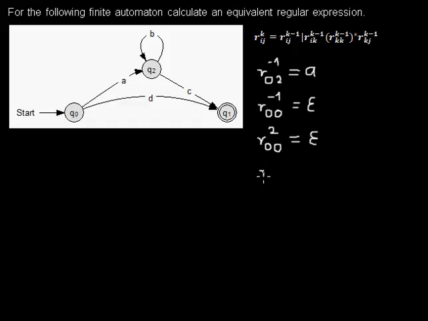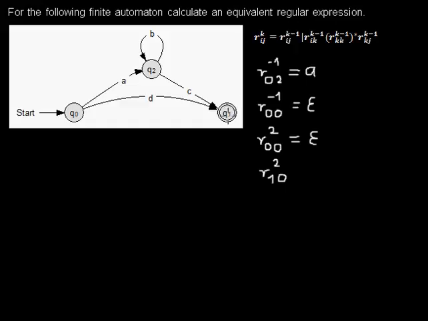Well, what is a regular expression if you are in state 1, Q1, and you want to move to state 0, and you are allowed to pass through any other state in this automaton? As you can see, if you are in Q1, then there are no transitions that would bring you away from it.